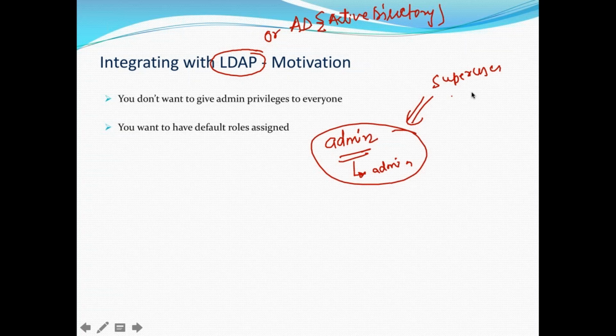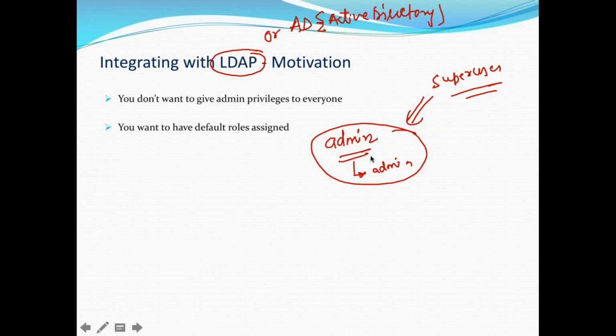Let's say you have created a cluster and you want your colleague to monitor it, see if HDFS is running out of capacity, or if the memory or the CPU is high, and report back. But if you give him the admin privileges and he does something wrong, then you are gone, right?